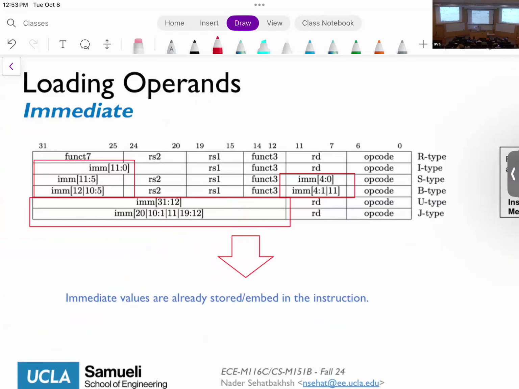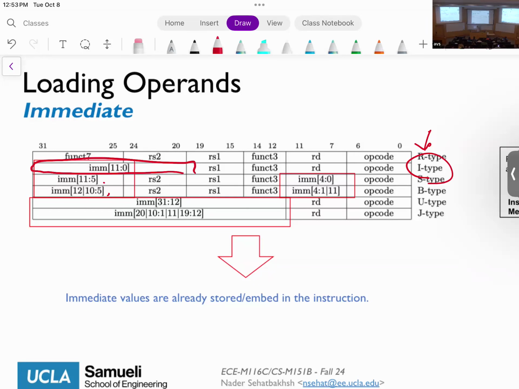All I need to do is understand which instruction this is and do the proper kind of management and sign extension. So for example, R-type does not have any immediates. I-type has immediates at the top 12 bits. S-type and B-type and so on have them at various different places.